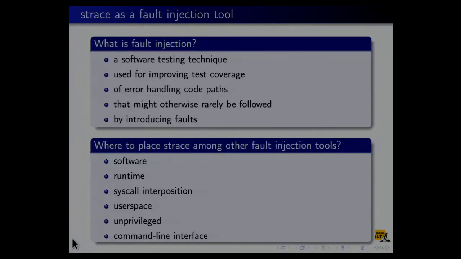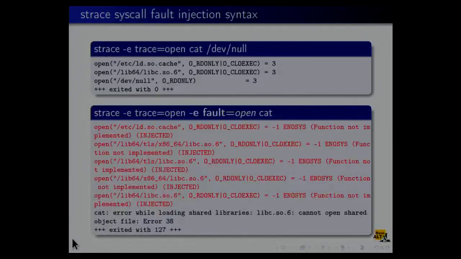Now I'll show you a series of examples that will hopefully give you an idea of what the syscall fault injection syntax is and what you could do with it. I'll start with a simple program, cat from coreutils, which is linked dynamically with libc, and we will see what could be done.